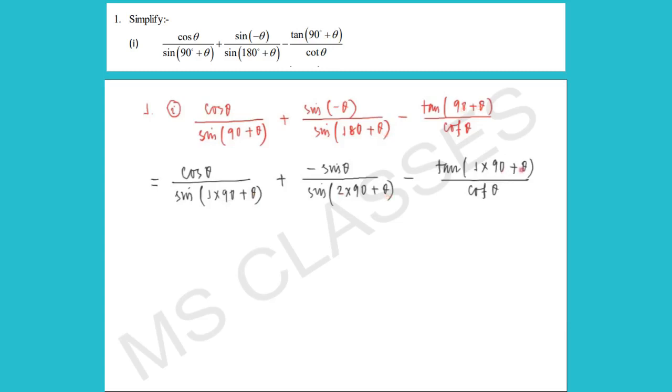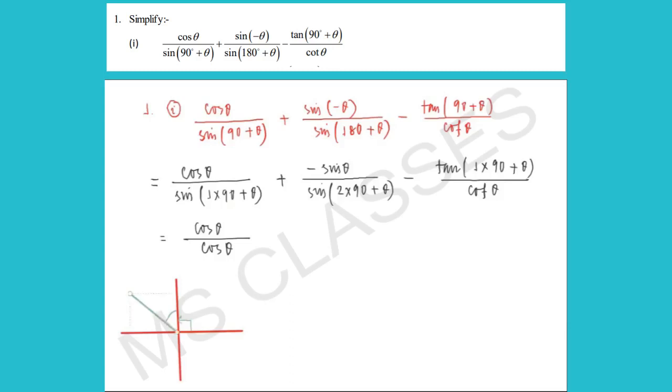Now we know that when it's an odd multiple, sine changes to cos. Why is this an odd multiple? So this is becoming cos theta by cos theta. Now plus or minus? Plus only. Why? If you observe here, 90 plus theta is 90 plus something, so this is in which quadrant?